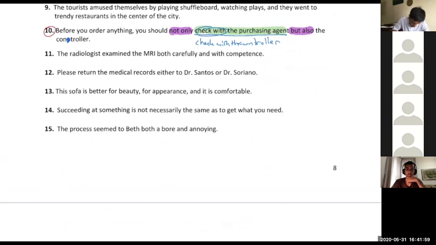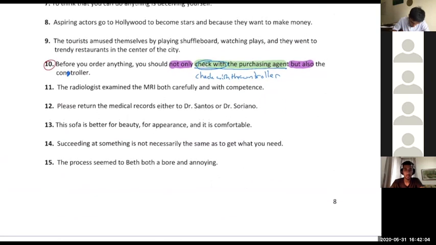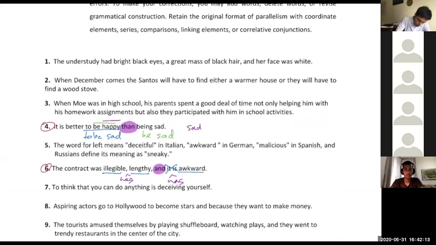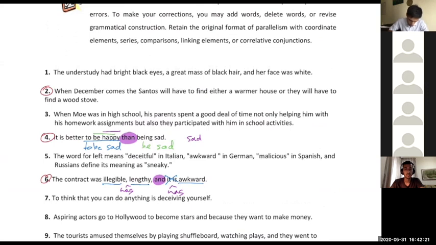Which one is difficult? Okay, let's do number 2. Okay, so what is the conjunction here?